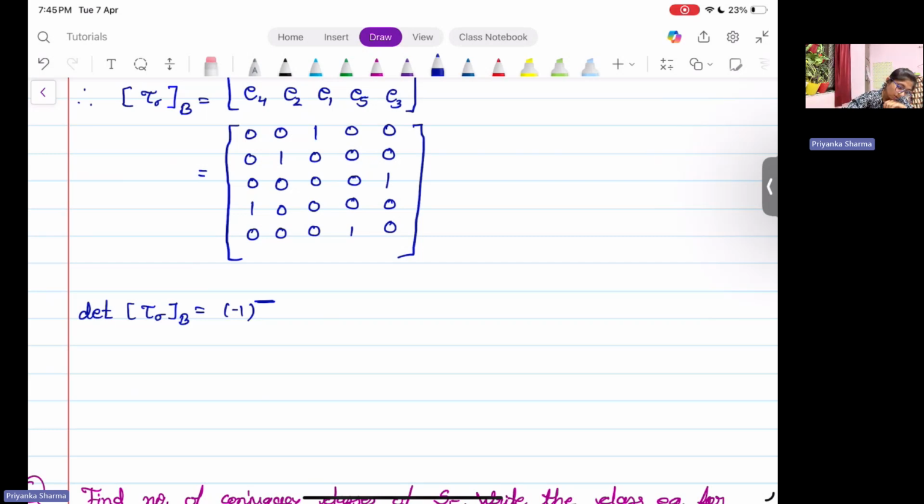So how many such elementary operations are required? We need one here. So this will be the first.